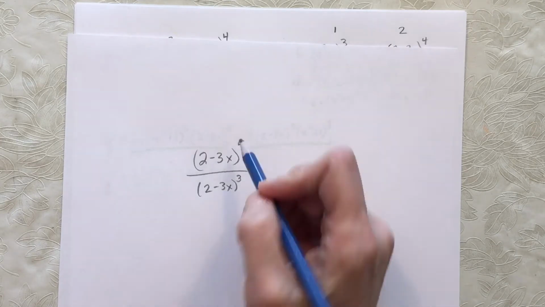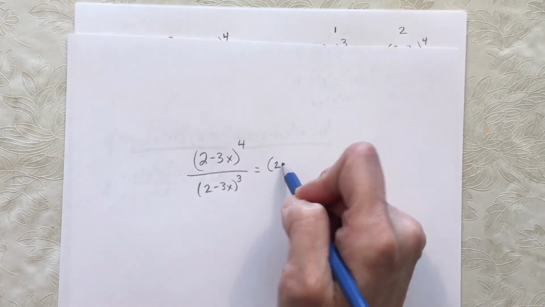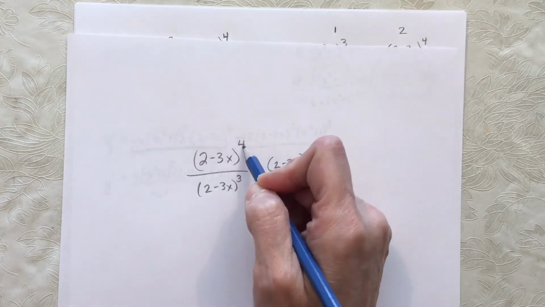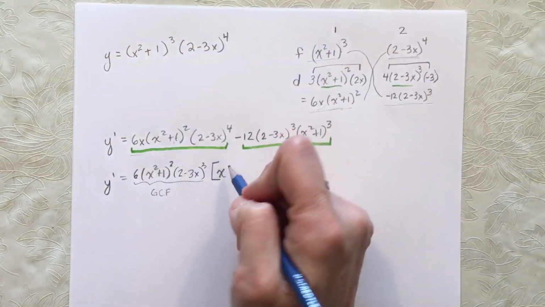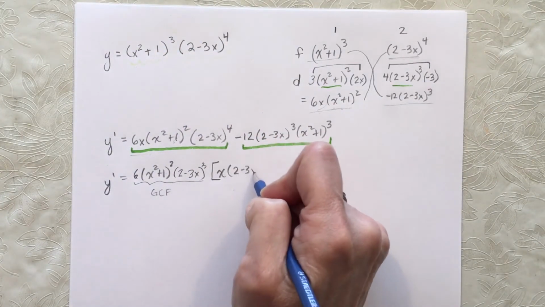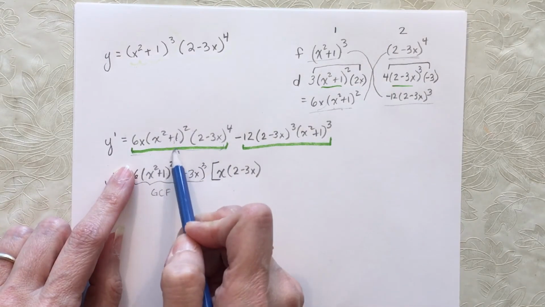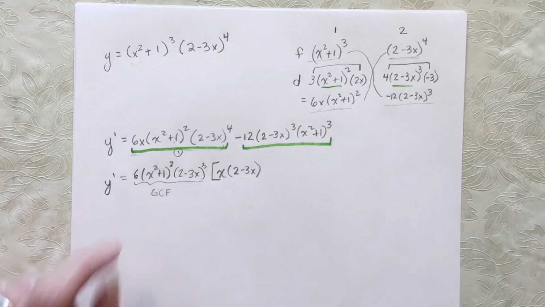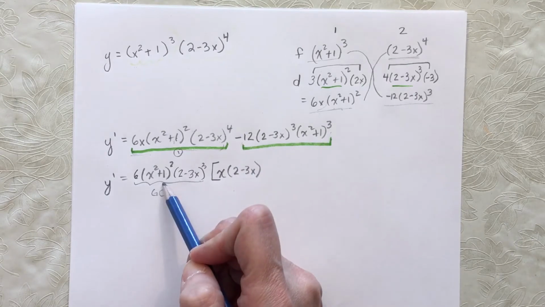Here you want to keep the base because I'm dividing powers with the same base, so this is using exponent rules. I keep the base 2 minus 3x and subtract the exponents. 4 minus 3 is a 1. So when you divide those, you're going to get 2 minus 3x. So now I've divided this first big chunk by the greatest common factor, and I got x times 2 minus 3x.